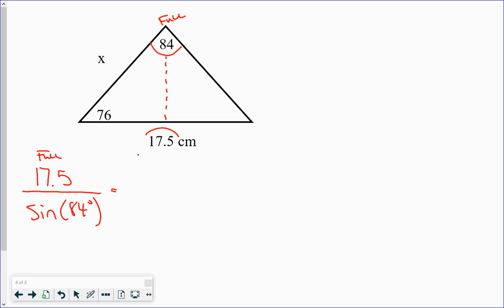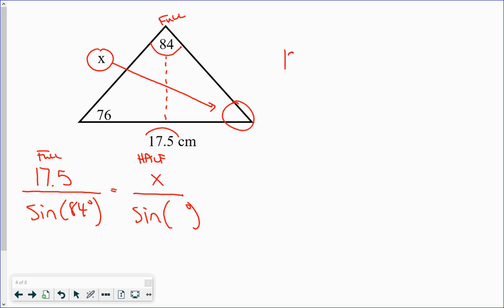Now for the other half of the formula, you need the half pair. Since I'm looking for this, then I need to know that. So this is where the side length goes, and then the angle is supposed to go right here. But there's a problem: I don't know that angle. But we do know that the sum of the corners of a triangle has to add up to 180 degrees.